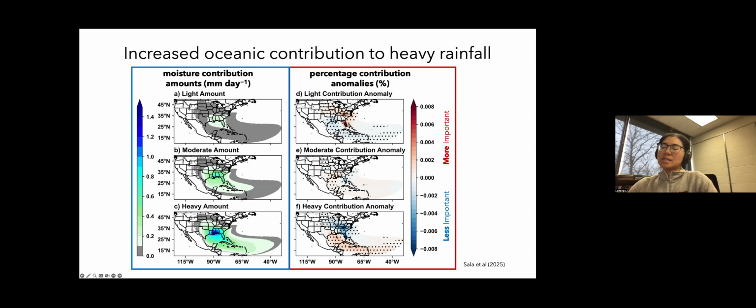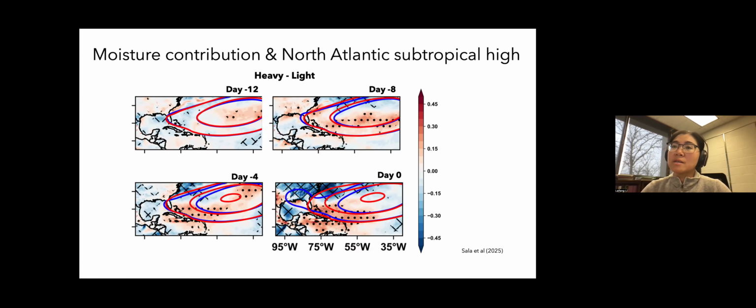And it indicates the Gulf of Mexico and Caribbean Sea are making more moisture contribution than on normal days for the heavy rainfall events. And this increased oceanic moisture contribution does have something to do with the North Atlantic subtropical high.